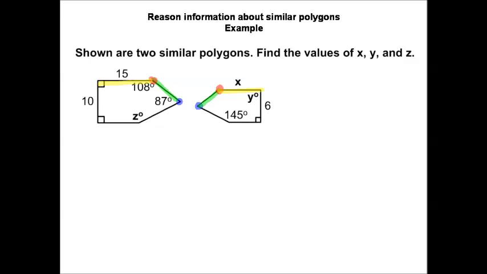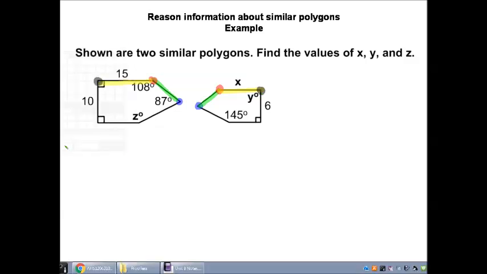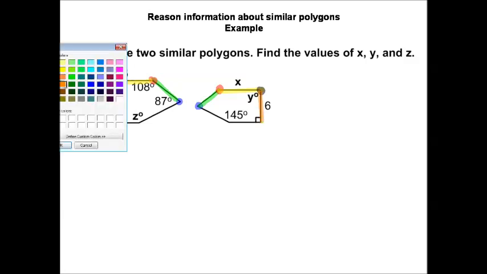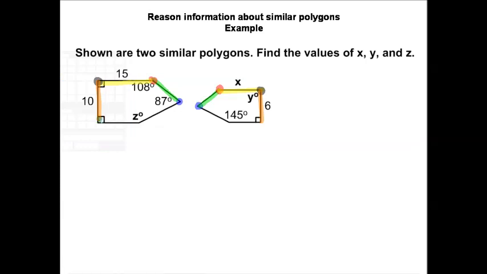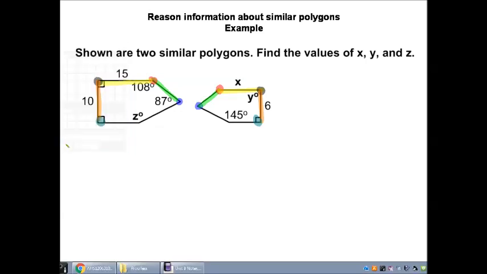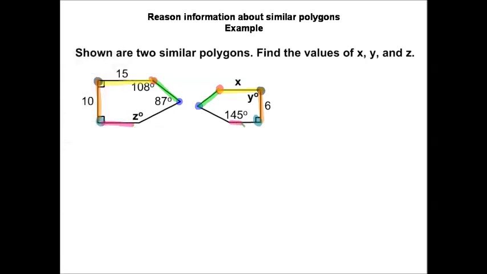This angle is the same as this angle. I'm running out of colors. This side will go with that side. This angle will be the same as that angle. This side goes with that side.